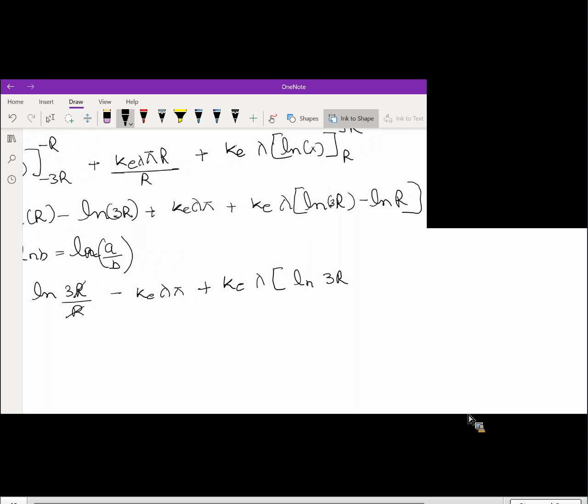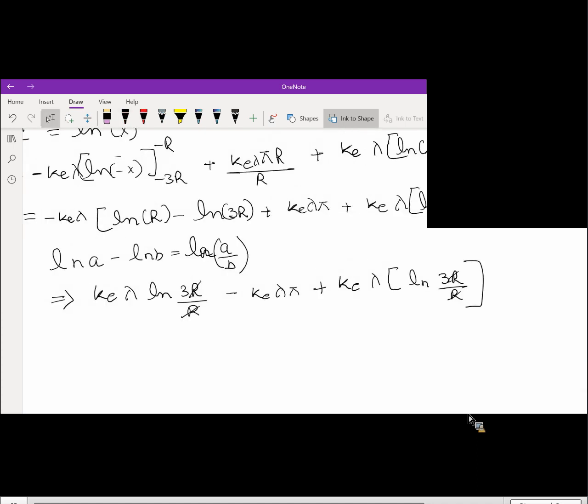In the line above, should it be ln of minus x or ln of x? Okay, wait. So that's your answer.